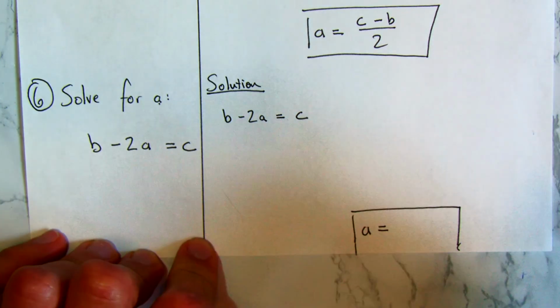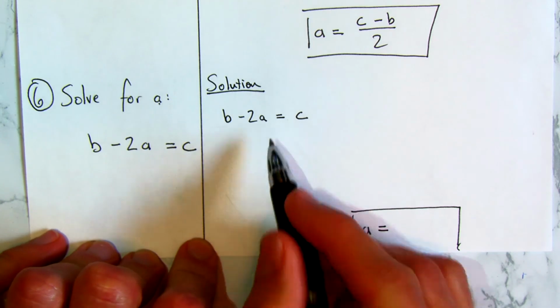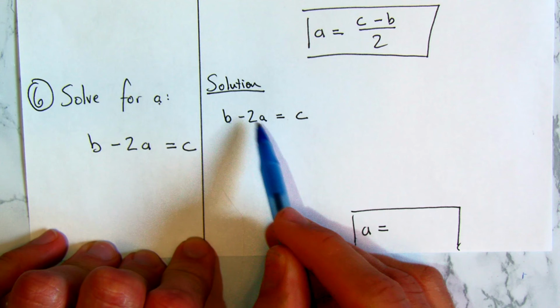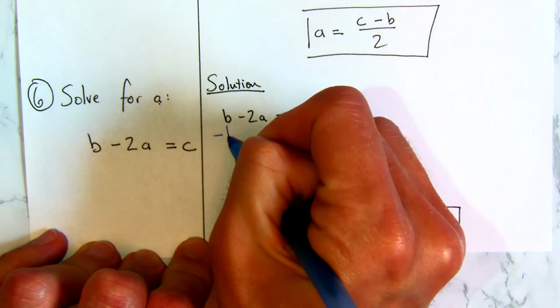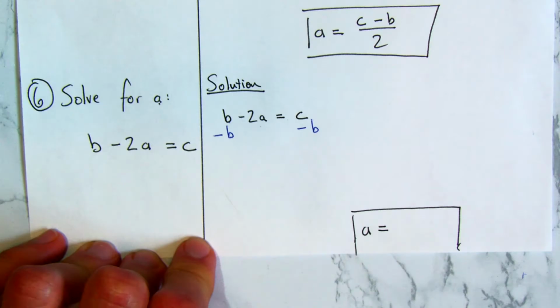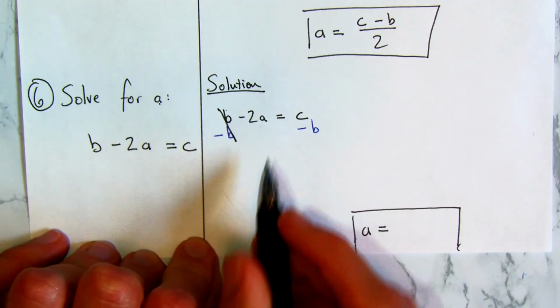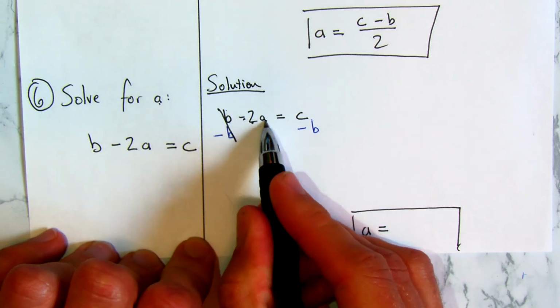Alright, so for this one, there's a couple ways to do this. I have a positive b, subtract 2a equals c. So one way to do it would be take away b on each side. b minus b cancels, and be careful, this minus sign belongs to the 2a.